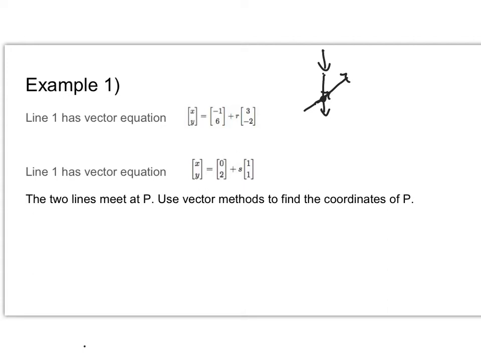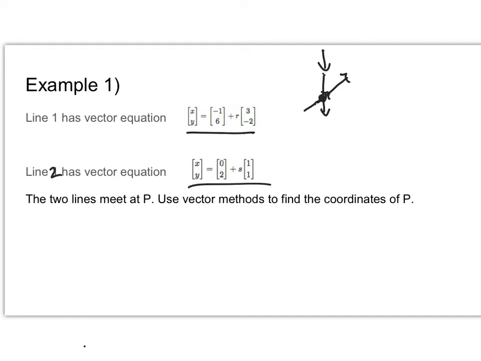All right, so my first line has this vector up here, and my line 2 has this vector. And the two lines meet at point P, so let's use vector methods to find the coordinates of P. Well, if they intersect, that means that their x and their y coordinates are equal.